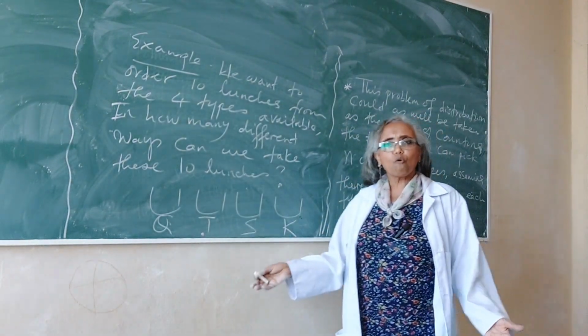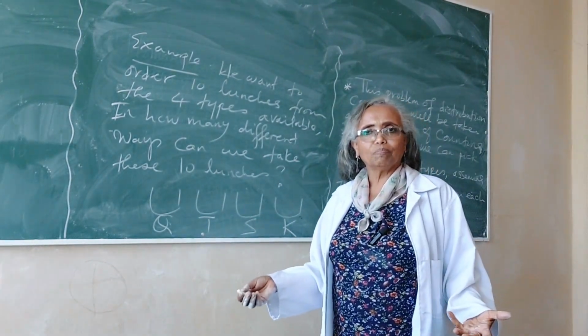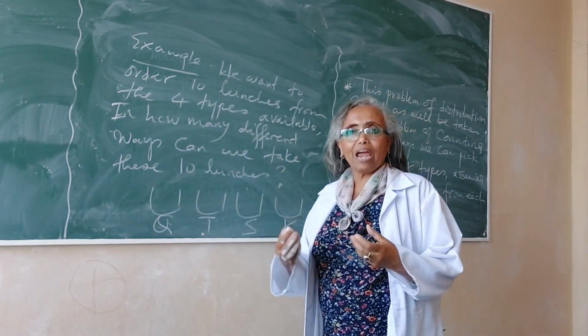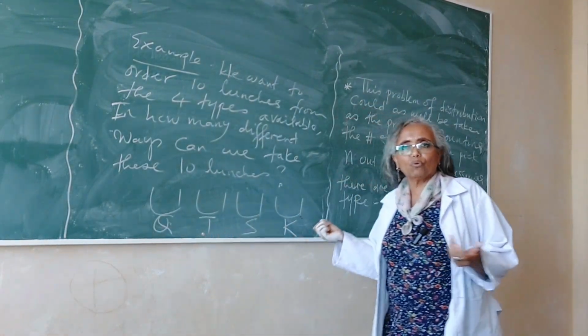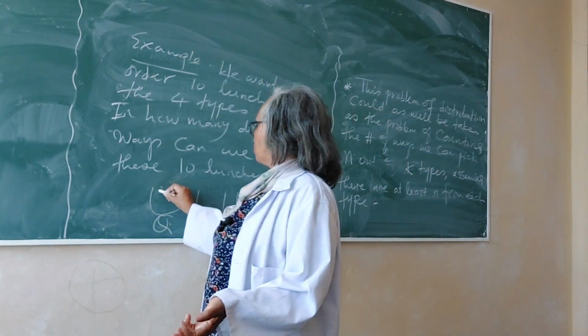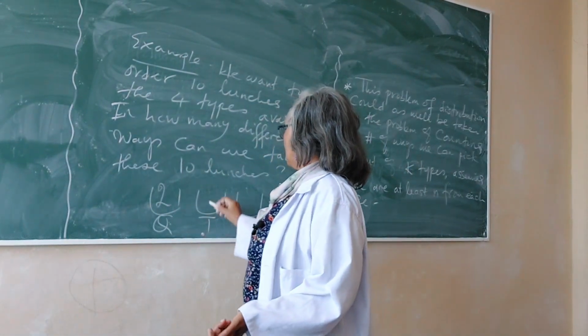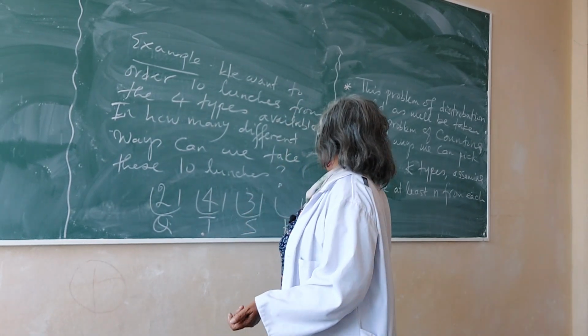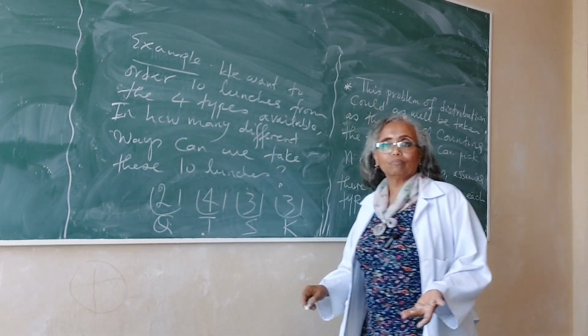So we have 4 types of lunch. I want to take 10 lunches out of these 4 types. Let's say I want 2 ቀይ ወጥ, 4 ጥብስ, 3 ሽሮ and 1 ክትፎ.